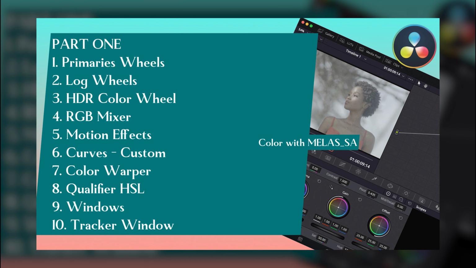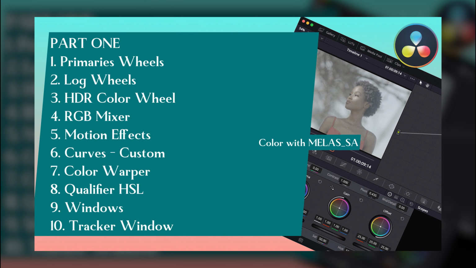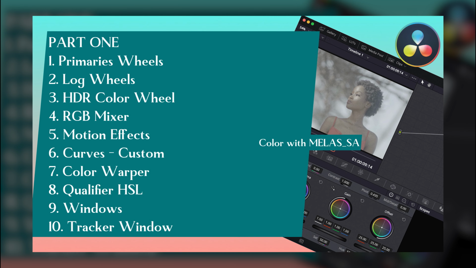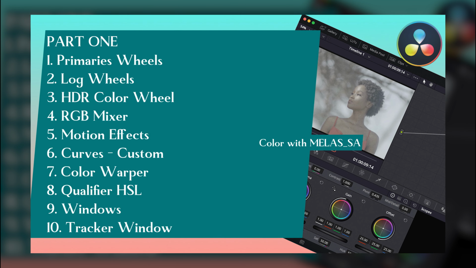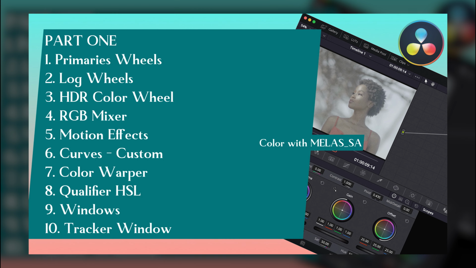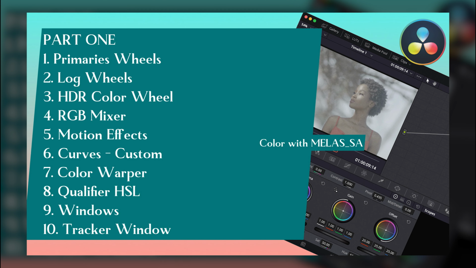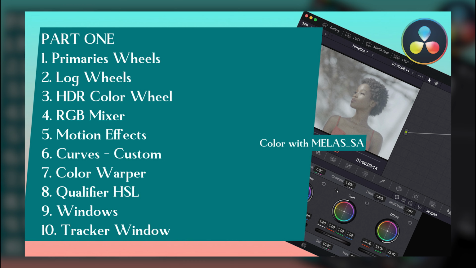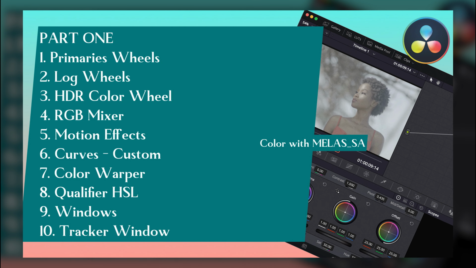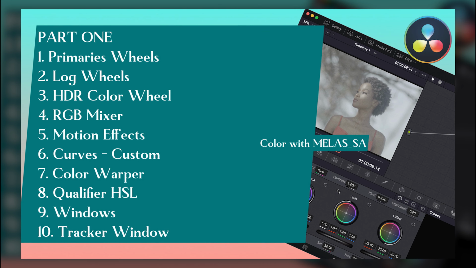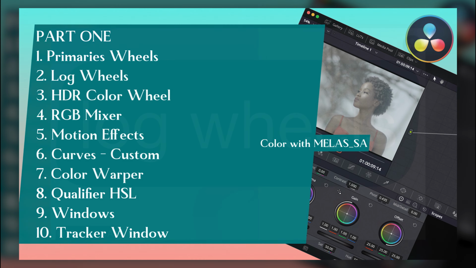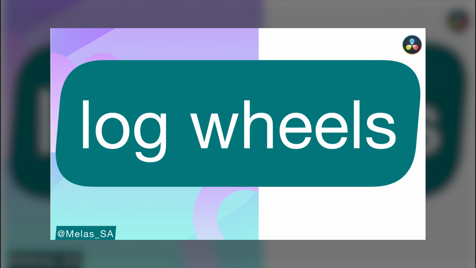Number 4 is RGB mixer. Number 5 is motion effects. Number 6, curves and customs. Number 7, color warper. Number 8, qualifier HSL. Number 9 is windows, and number 10 is tracker window. So today we are in number 2, which is the log wheel.